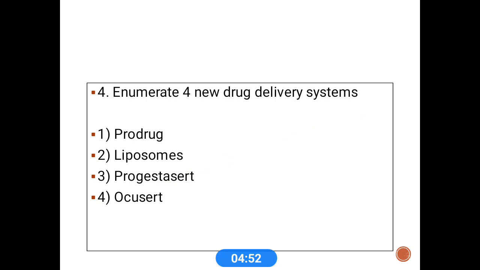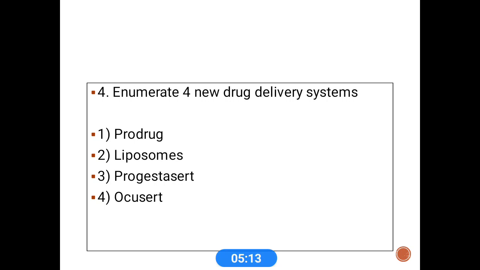Next we come to the question: enumerate four new drug delivery systems. There are lots of drug delivery systems available. These help overcome the side effects of existing dosage forms and give better bioavailability.